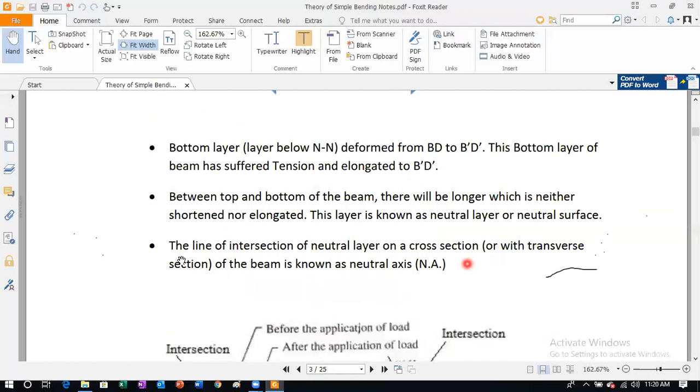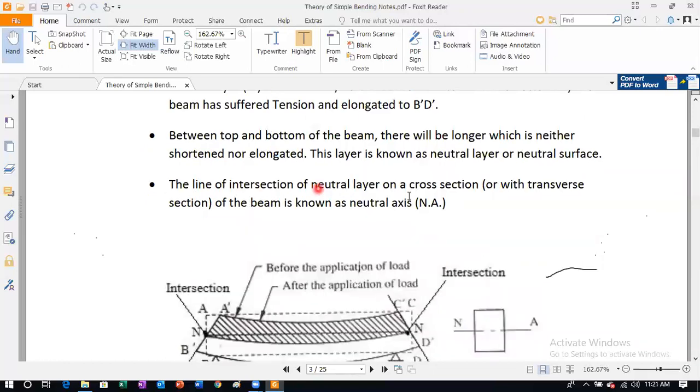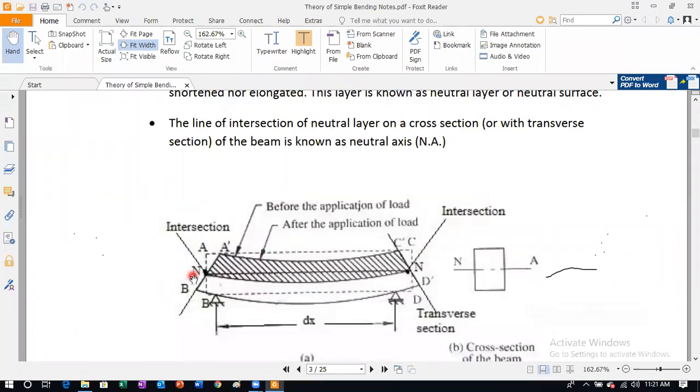Okay. The line of intersection of the neutral layer with the transverse section of the beam is known as the neutral axis. This NN, the intersection with the principal centroidal axis of this beam, is said to be the neutral axis, that is the line of intersection of the neutral layer on a cross section.